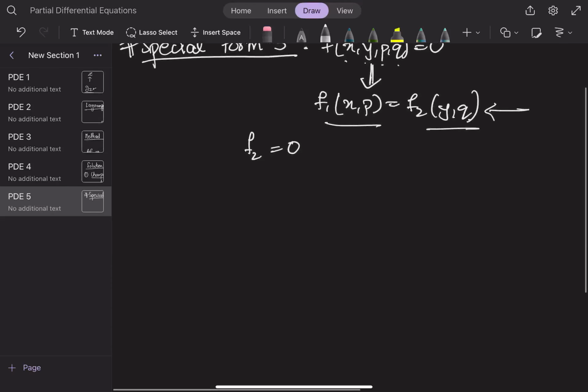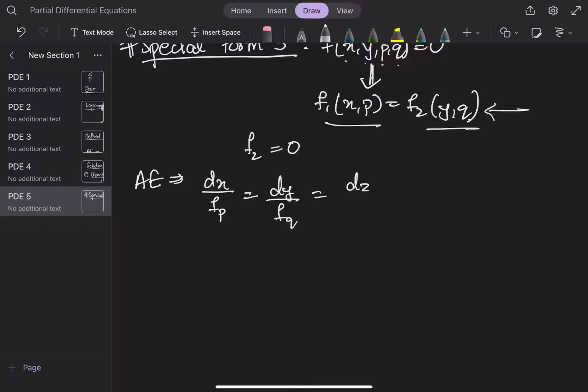So your auxiliary equation becomes dx by fp is equal to dy by fq is equal to dz by pfp plus qfq is equal to dp by minus fx is equal to dq by minus fy.